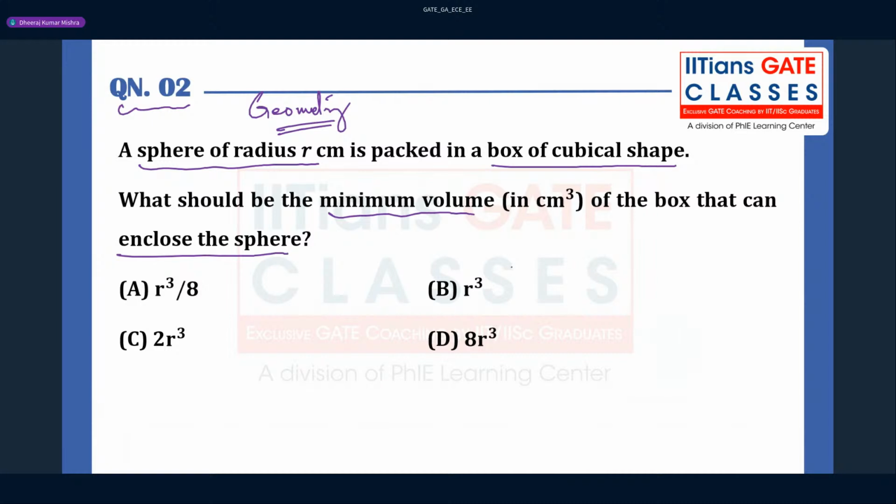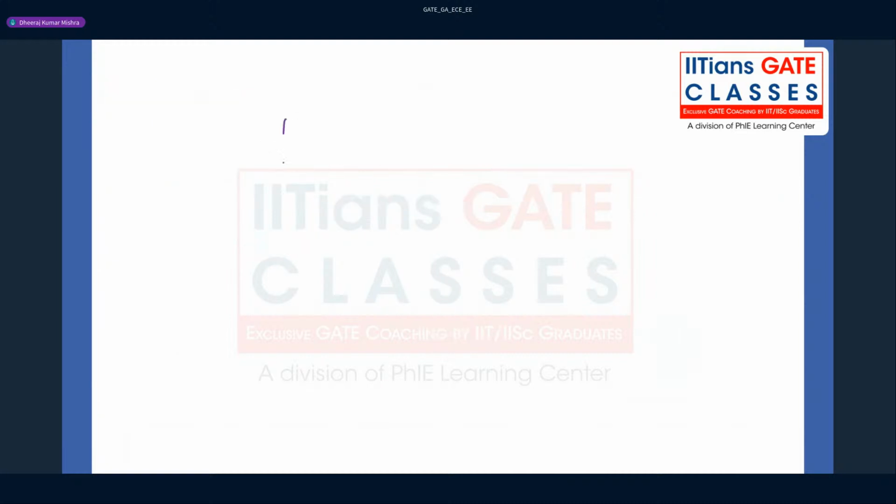Let me take one face of the cube, and take one sphere inside this.